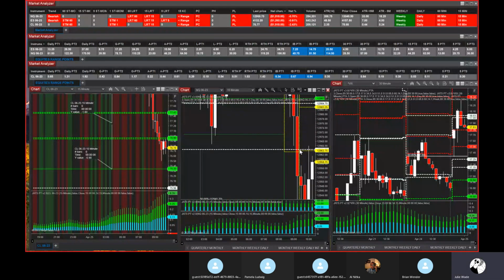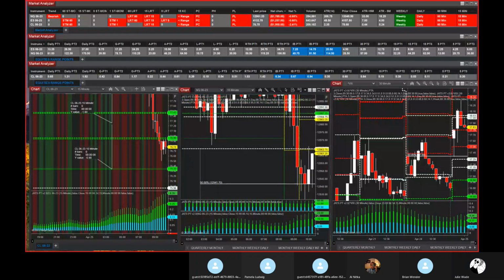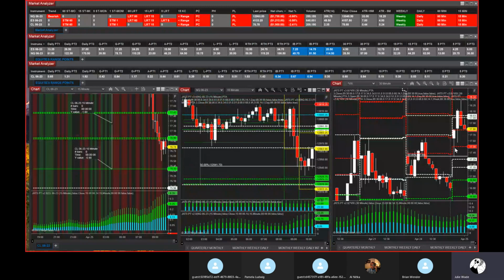These ones. Hit them now. See if it can punch through. It's sitting on this support. I'm sure it can punch back through that.